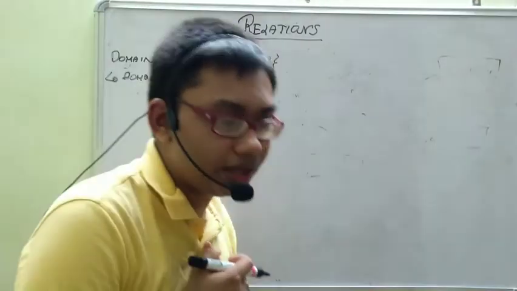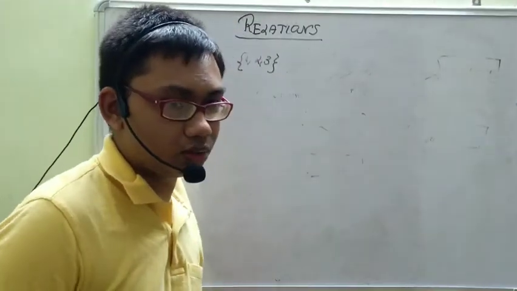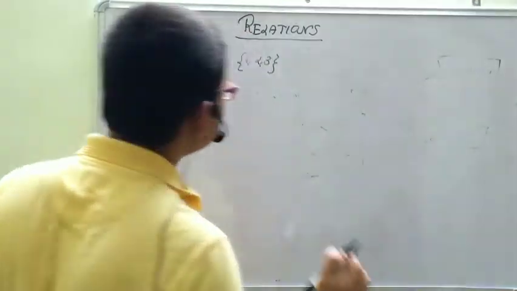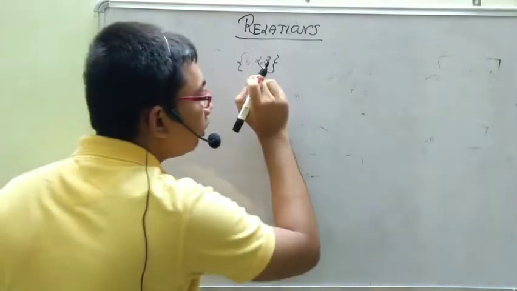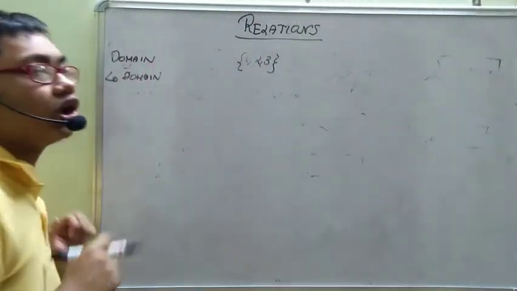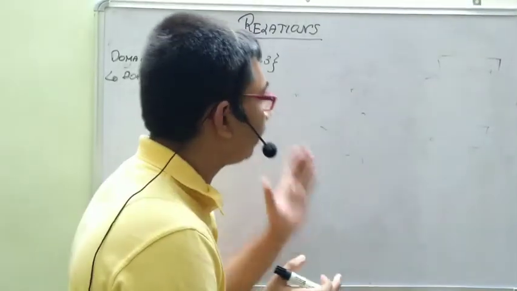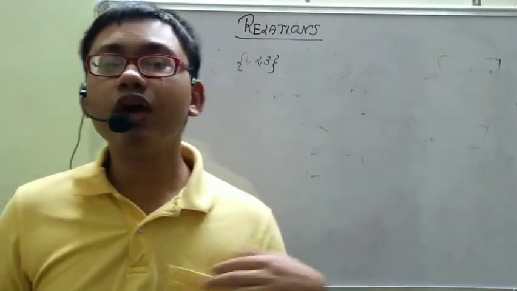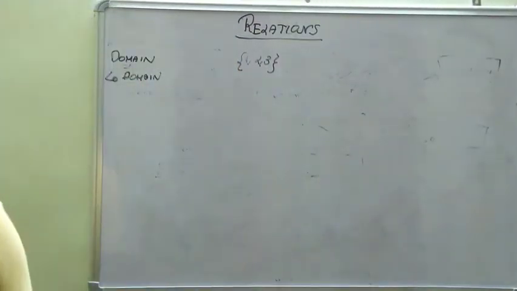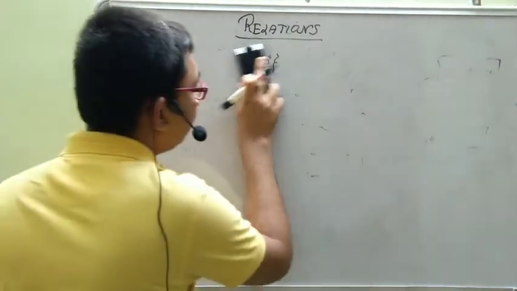You can use any terminology for that. Generally, it consists of all those elements which are related to 1. We can define any relation, but we are not going into that in depth now.